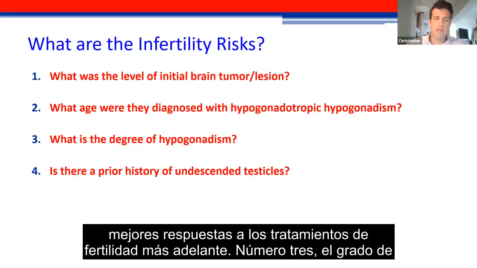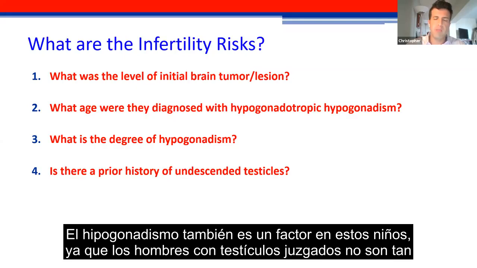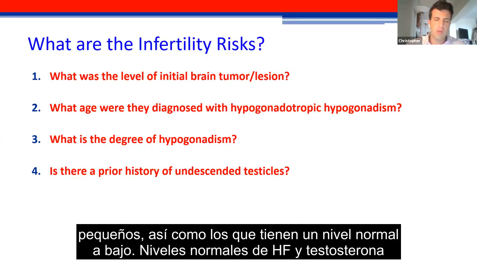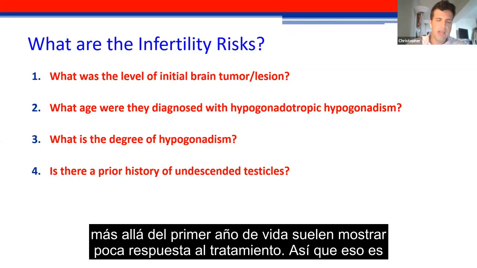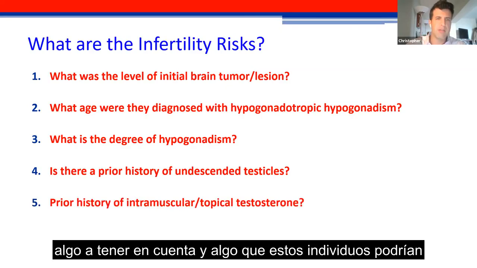Number three, the degree of hypogonadism is also a factor in these boys, as men with testicles judged to be not as small, as well as those with normal to low normal levels of FSH and testosterone typically show better responses. Number four, men with a history of undescended testicles beyond the first year of life typically show poor responses to treatment, so that's something to take into consideration.